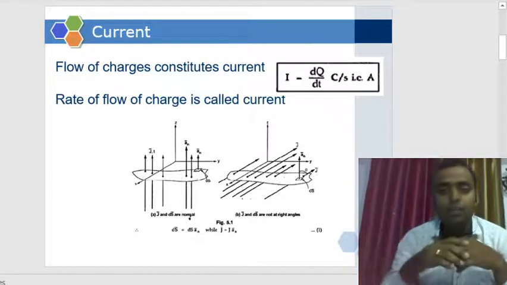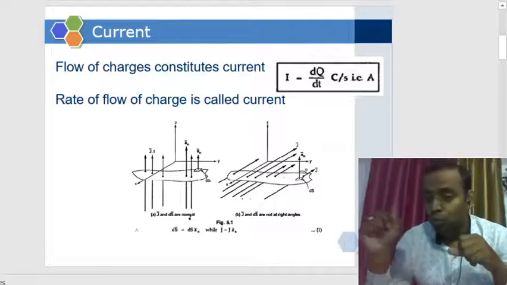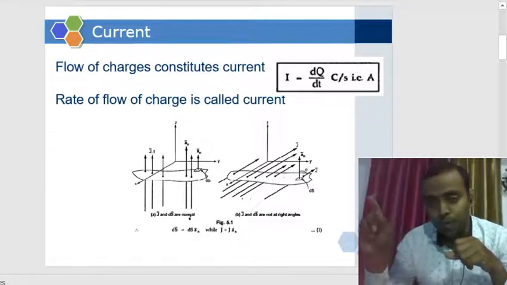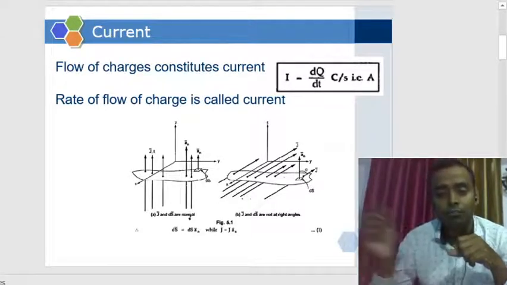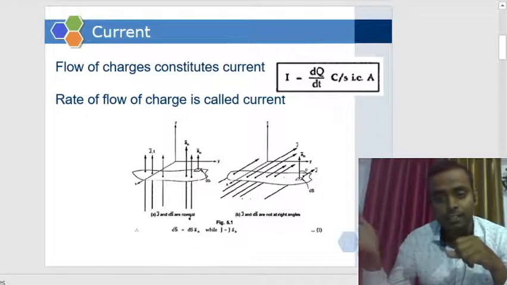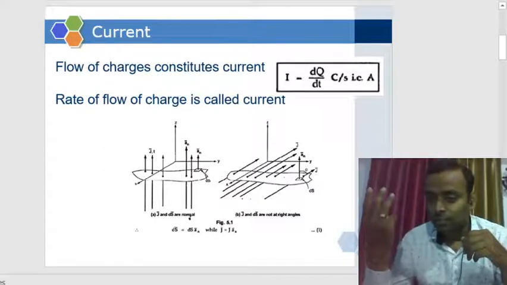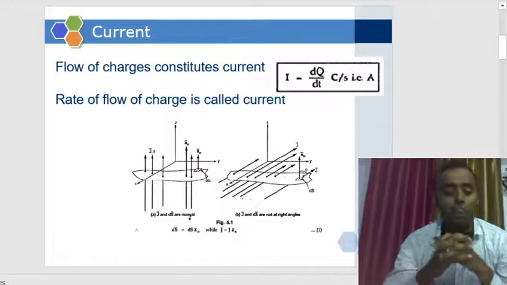Here we can define and we can see. So it is coulomb per second. So if I am saying 1 ampere, it is 1 coulomb charge per second. The flow of 1 coulomb charge per second is called 1 ampere current, isn't it? So what is current? Current is the rate of flow of charge.